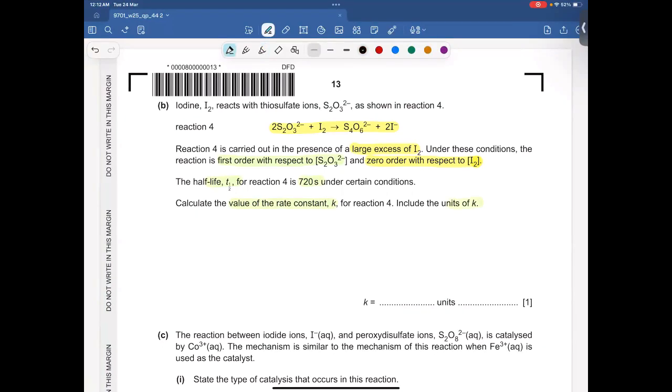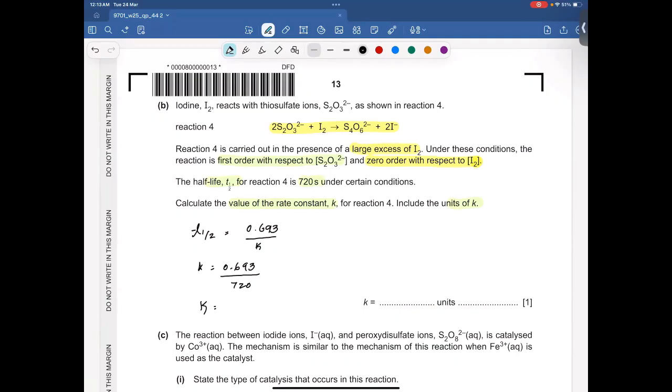Okay. So by the way, first order reaction has a half-life of 0.693 over K. 0.693 is a constant value which comes from ln2, right? And T half is given, which is 720 seconds.